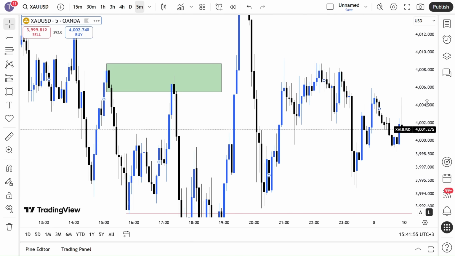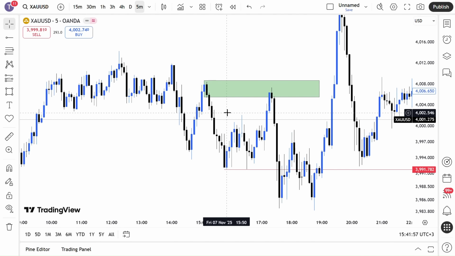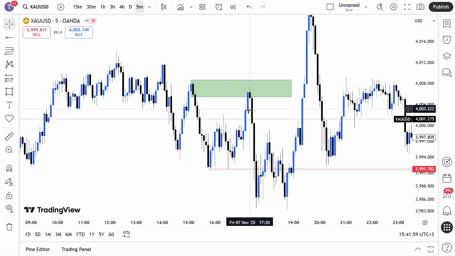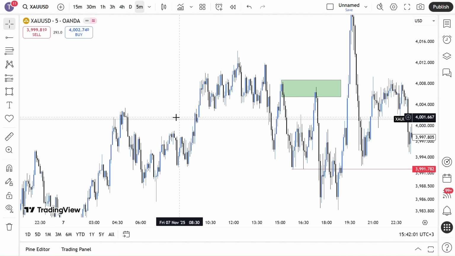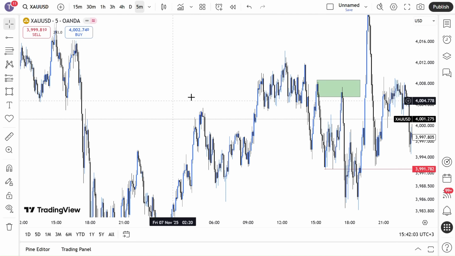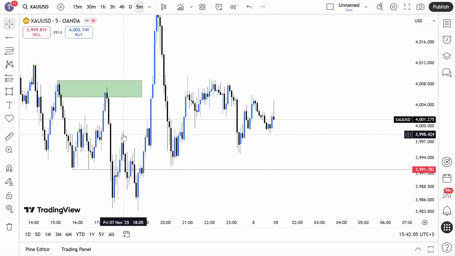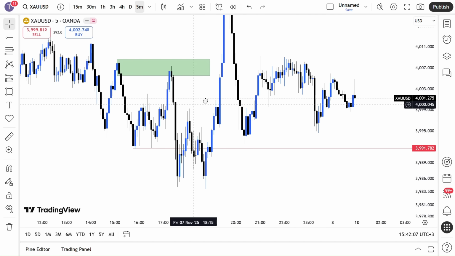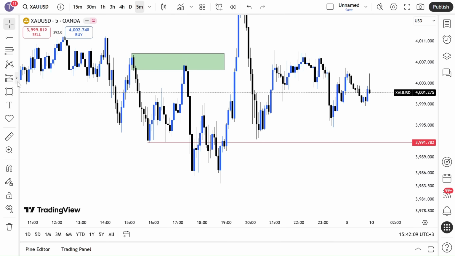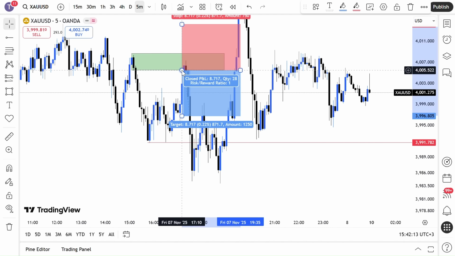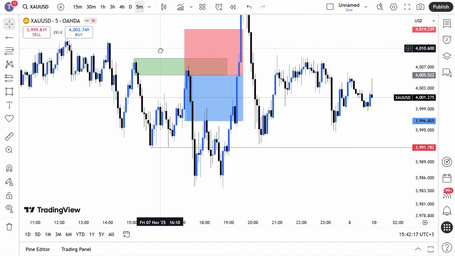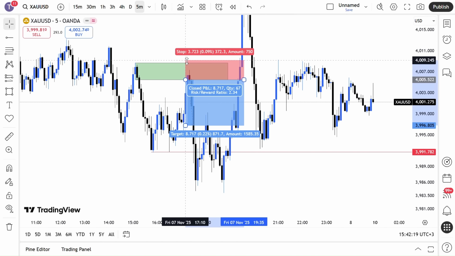So let me try to adjust it. I had my entry from this level because I had in mind that we have a reaction from the 1 hour order block. So my entry was from that order block, and my take profit was down there, getting the liquidity. When you try to take a trade on gold, you always try to target the external liquidity.